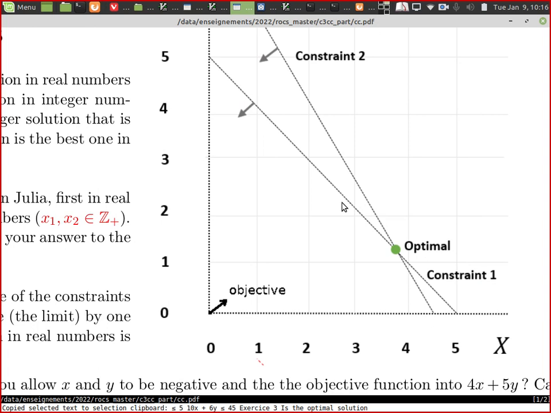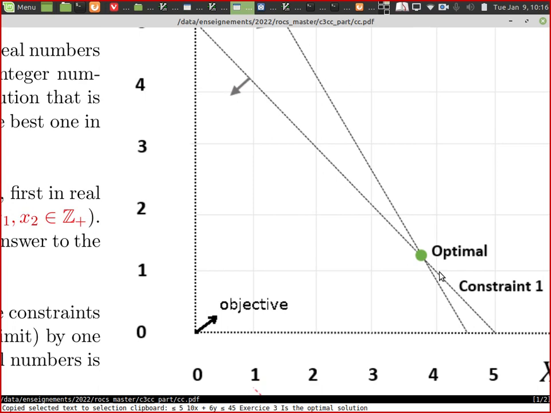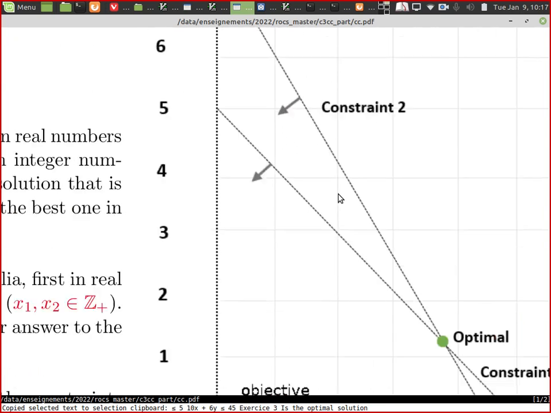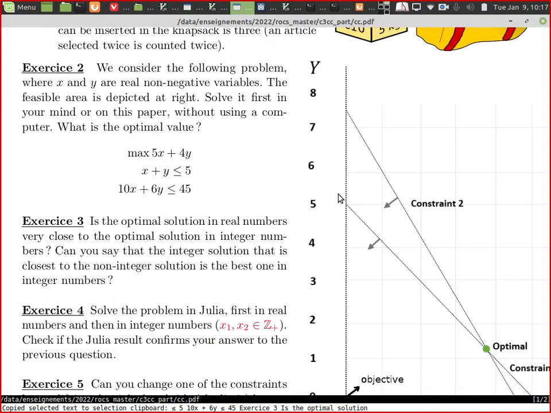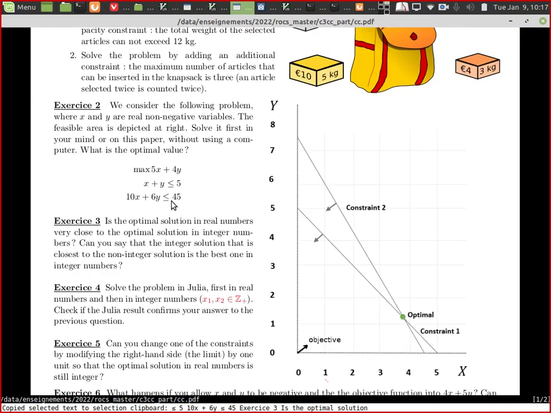Look, this is x plus y equals 5. Pay attention, this point here already satisfies this constraint, but it does not satisfy the second. But let me just go a bit above by one. Instead of 45, let me put 46.